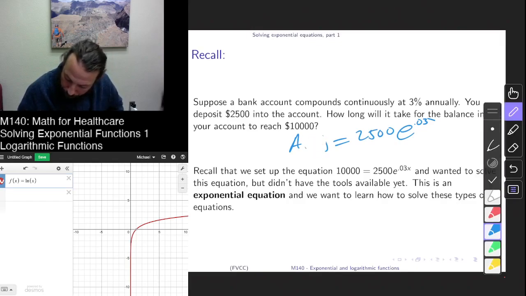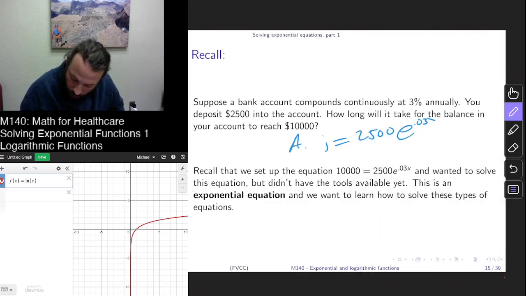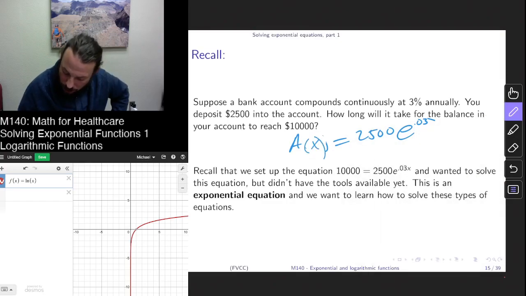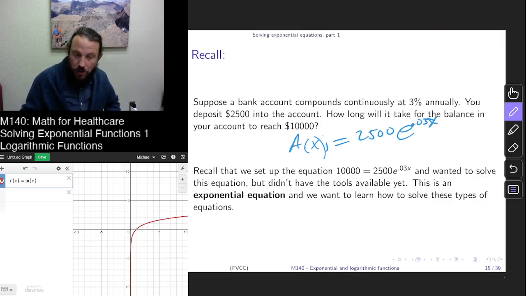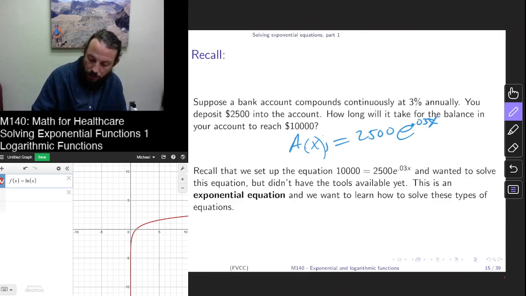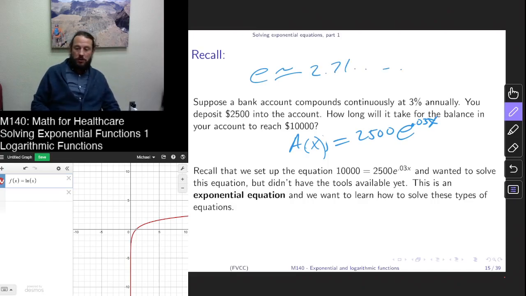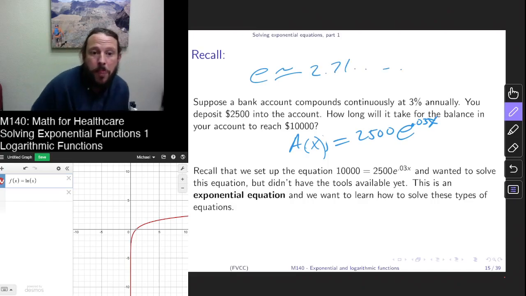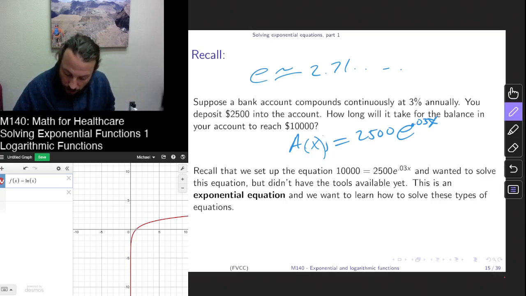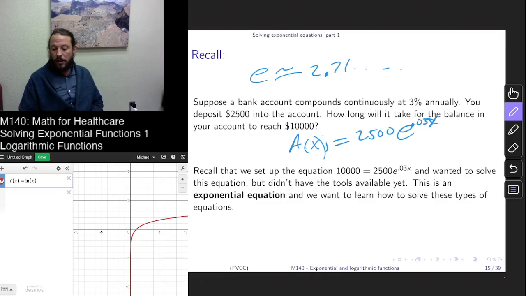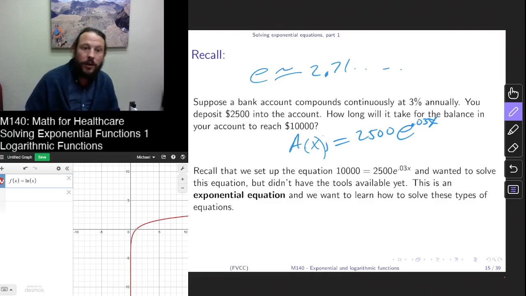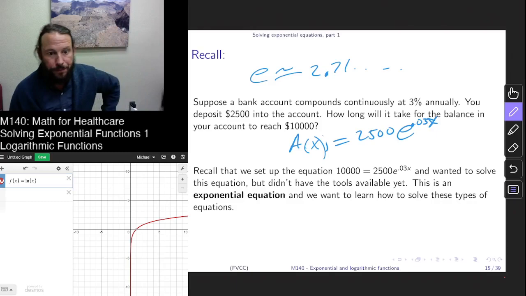The function of x is equal to 2,500 e to the 0.03x, and remember we use that letter e to represent Euler's number when it's continuous compounding, and that's 2.71, and so on. It goes on forever. If you want to look at all those digits, feel free to look it up on the internet. For us, all that matters is we know it's a special number that never ends, never repeats, and it's about 2.71.